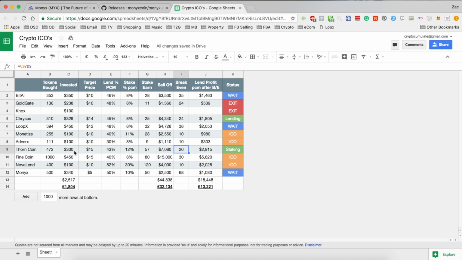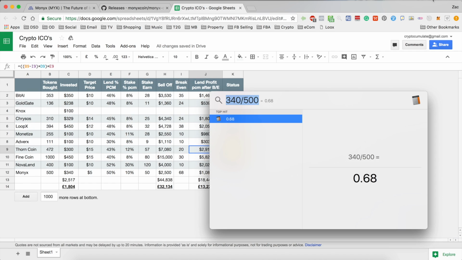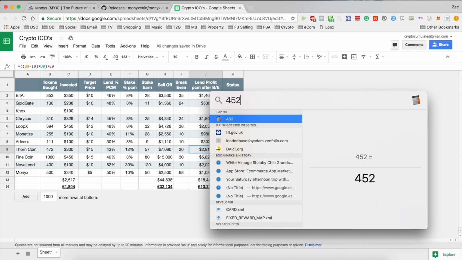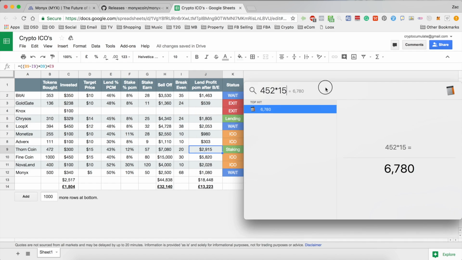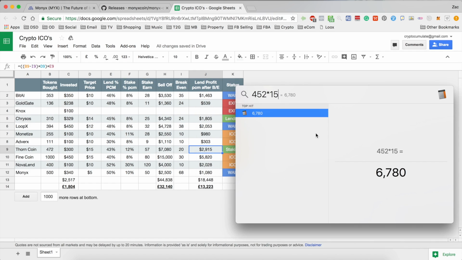And at a price of $15, those 452 tokens will obviously give me a loan of essentially double this. Let's give you that. So 452 times 15. Oops. $6,780. Okay, so that's how much my loan would be worth.